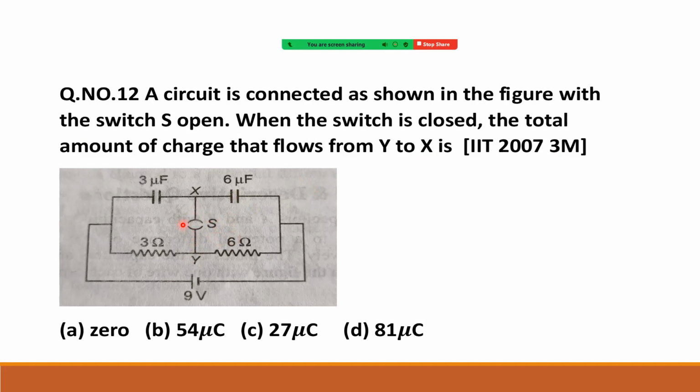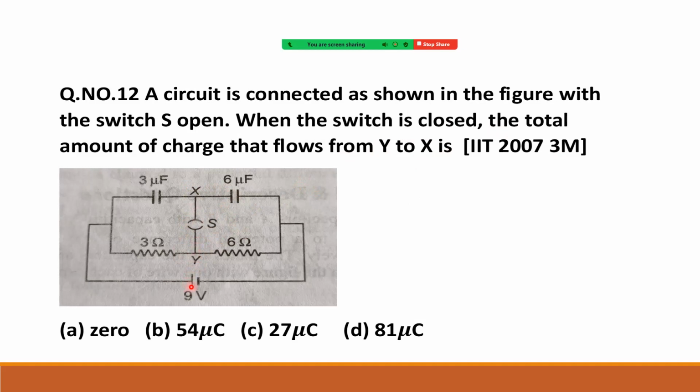Initially the switch was open. Now the switch is closed. After closing, we have to calculate how much charge flows from Y to X. See what makes the difference before closing and after closing.